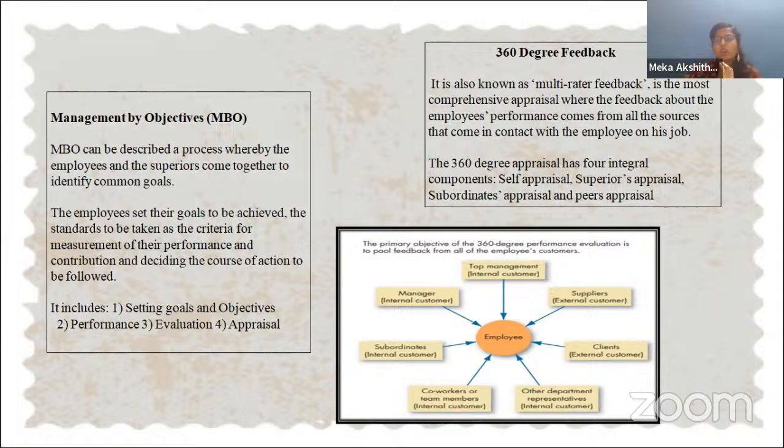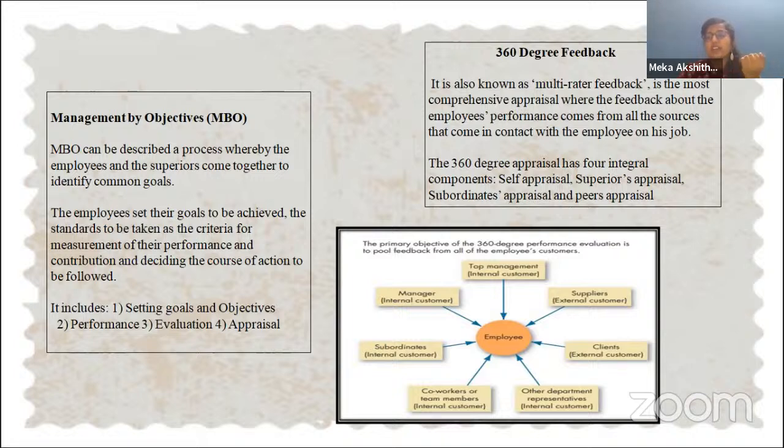If he has regular contact, as in he would be dealing with those customers or clients regularly, only then would we be taking feedback from them. So there can be four different components involved in it: self appraisal, superiors appraisal, subordinates appraisal, and peers appraisal. In self appraisal, the employee would be giving feedback about his own performance.